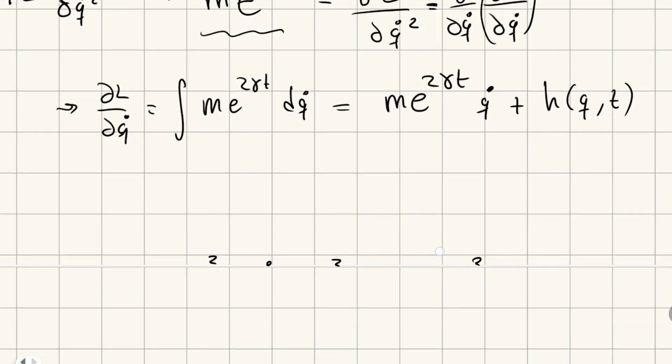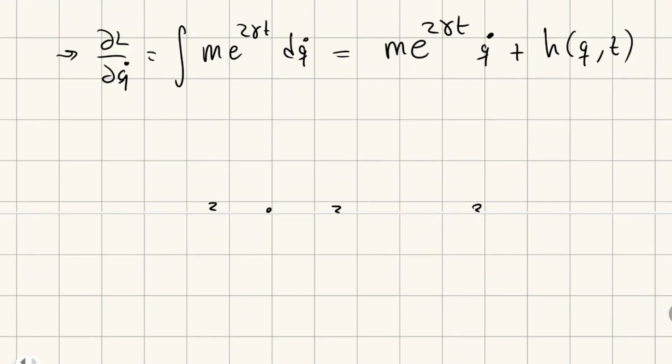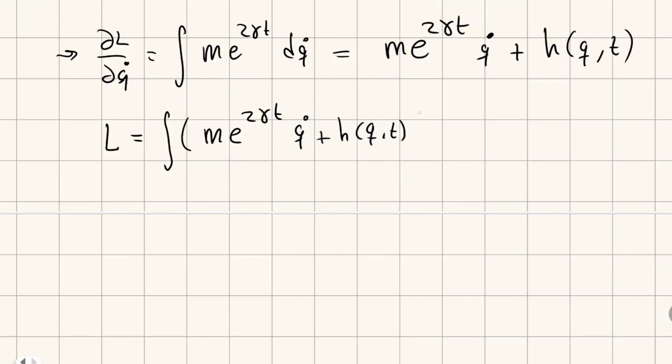Okay, and we can do the same process again to find L. This L will be the integral of m e to the 2 gamma t q dot plus h of q comma t with respect to q dot.